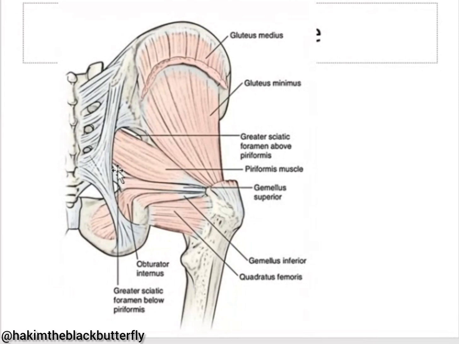It supplies the gluteus maximus. And the nerves to gemellus superior, obturator internus, gemellus inferior, quadratus femoris, all of them will pass through the greater sciatic foramen below piriformis to come to the gluteal region to supply these muscles.